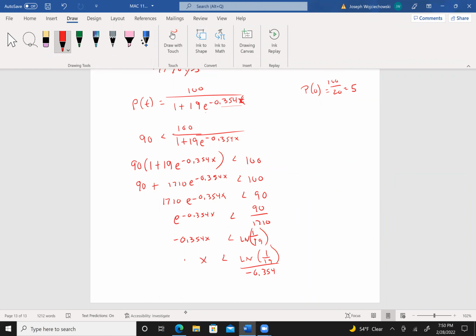So the natural log of 1 divided by 19 divided by negative 0.354 gives us x is 8.317, which is not right.